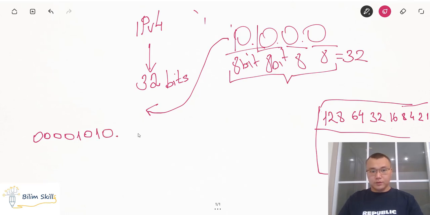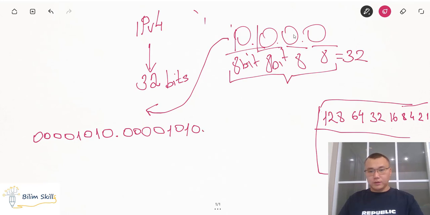Here is dot. Again, the second octet will look like this: 0, 0, 0, 0, 1, 0, 1, 0.